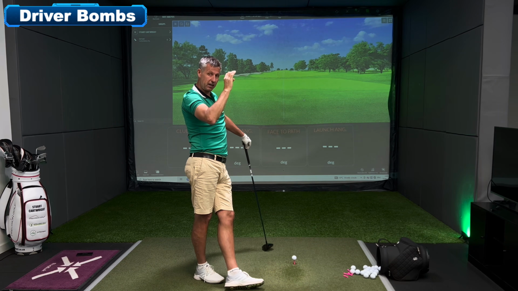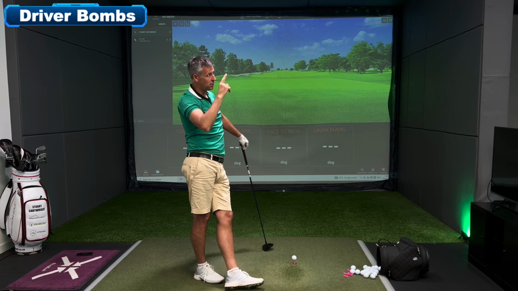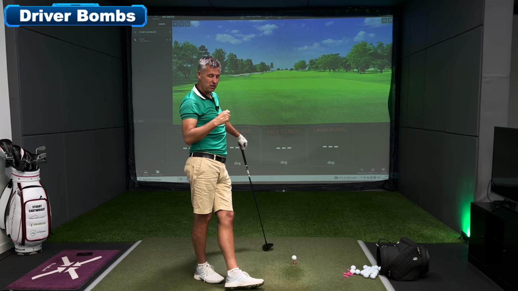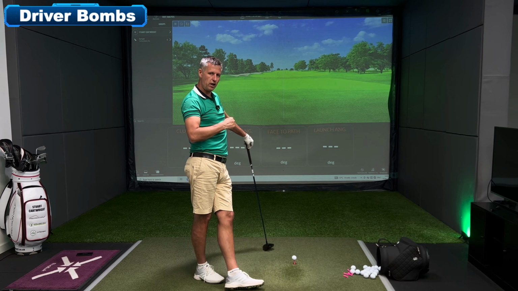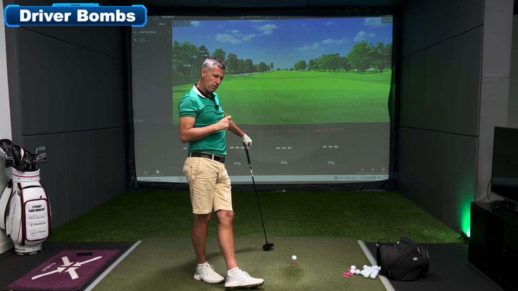You don't need the spin to keep it there because it's already on a trajectory that's going to keep it in the air, so you're less reliant on having spin rate. Those mere mortals that are swinging it between 90 and 105, you need a good balance of launch angle and spin rate to make that ball optimized for carry and distance.